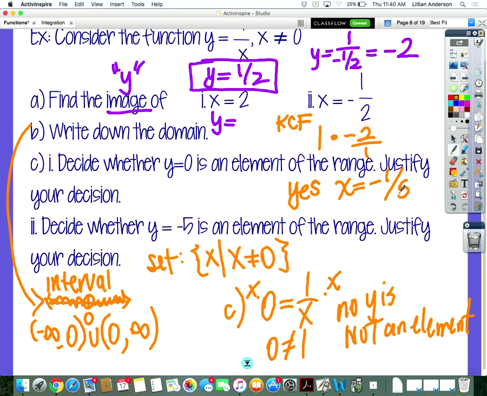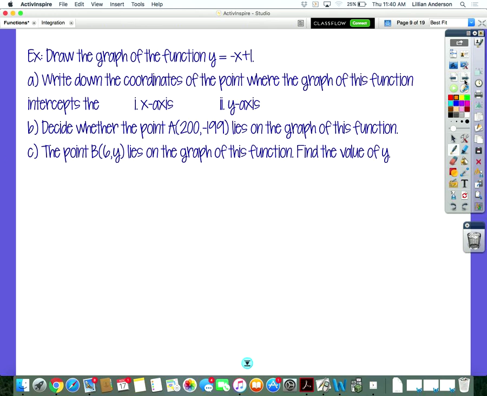Negative 1 over 5. If it wasn't a part of the range, then you would have gotten something like what we got for part C, I. But because we actually get a value, that means that's a point. Negative 1/5, comma negative 5, that's a point on this graph. That's a part of the range. Questions? All right.